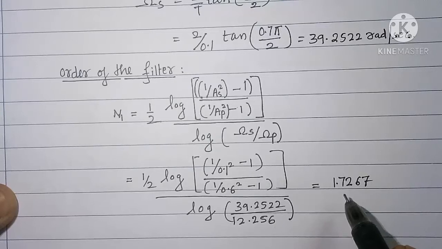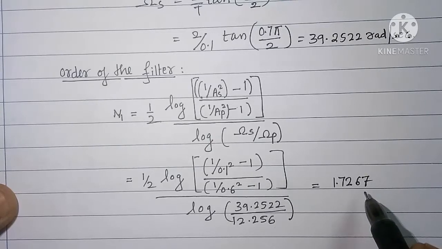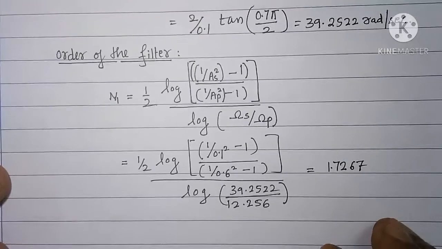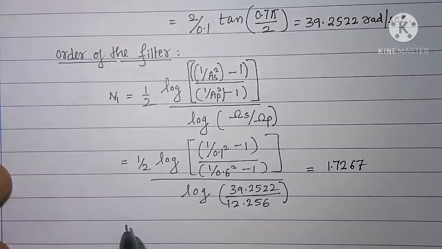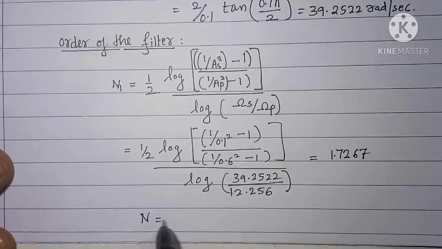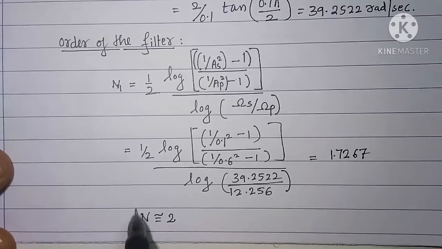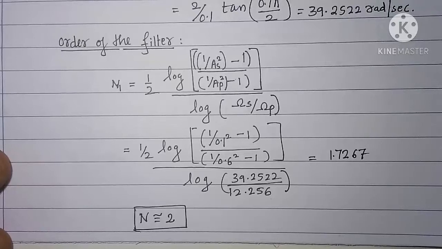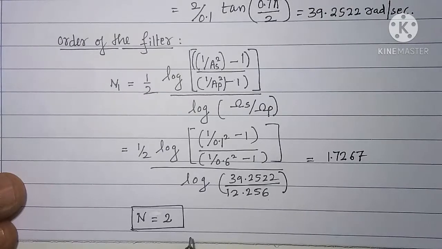This is not a whole number, so we have to round off this to next positive integer, and after rounding off we will call it as n. So n is equal to 2 now.